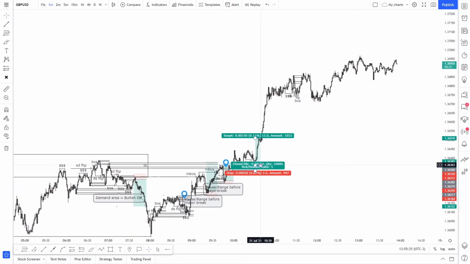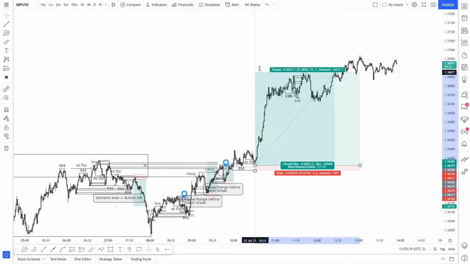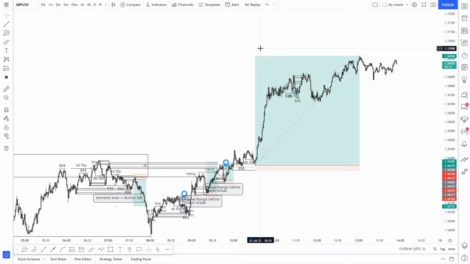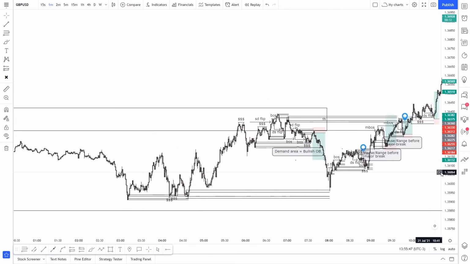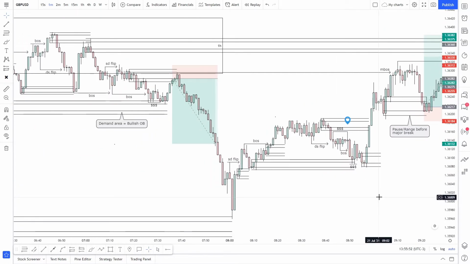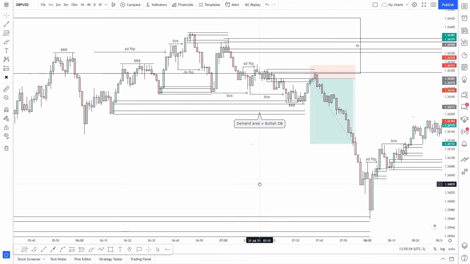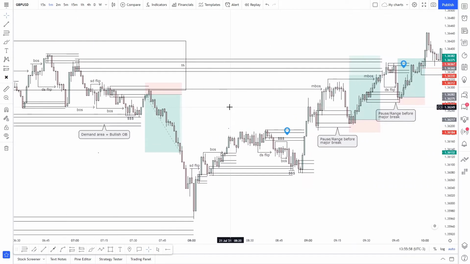So I just wanted to say that, as you can see, the simplicity that can be found within some of the patterns that I use, usually, is so strong that it can give you many opportunities if you pay attention to price, right?